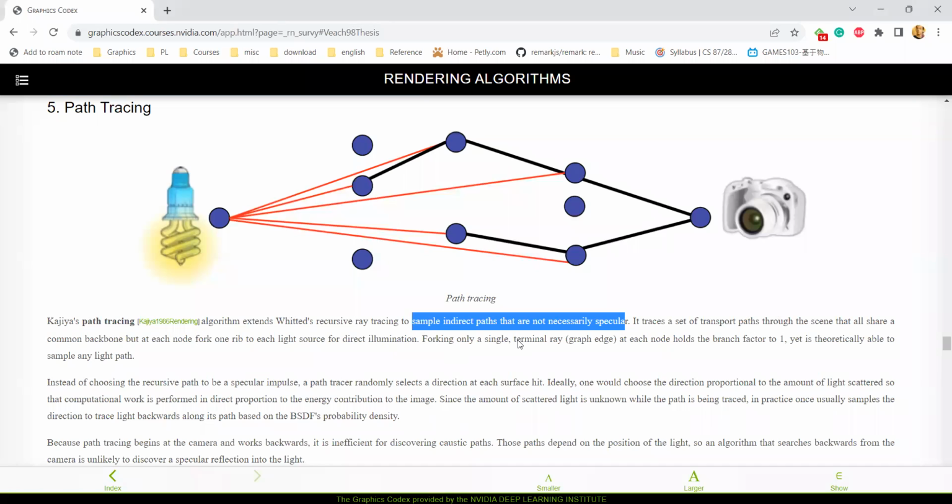Forking only a single terminal ray at each node holds a branch factor of 1, yet is theoretically able to sample any light path.